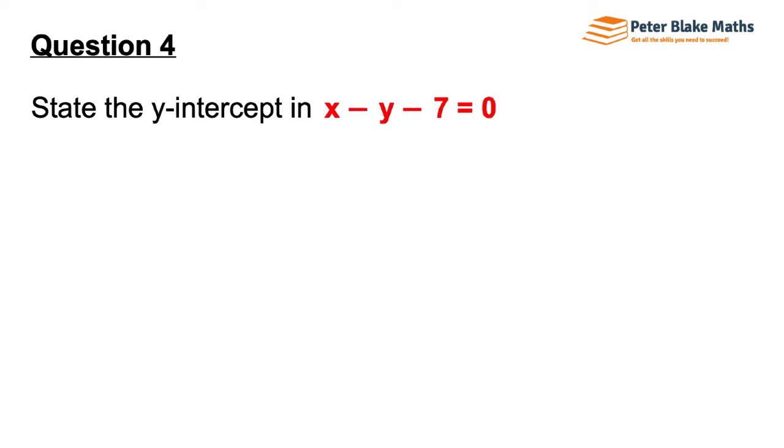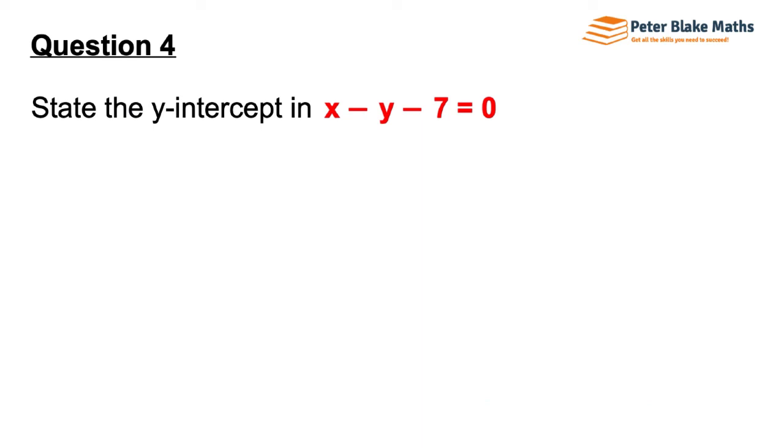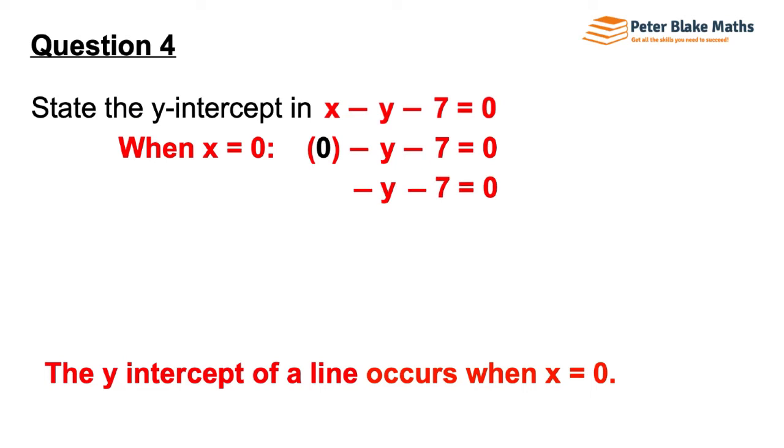Question 4. State the y-intercept in x minus y minus 7 equals 0. One way to do that is to use the rule that the y-intercept of a line occurs when x equals 0. So when x equals 0, if we substitute 0 in where the x is, we just get minus y minus 7 equals 0.